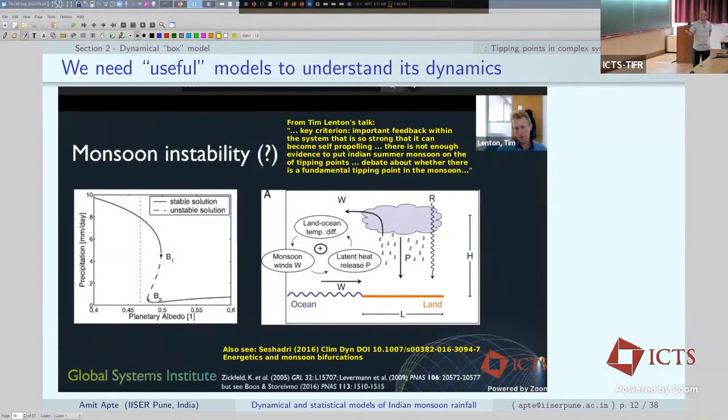In particular, around the same time, Boos and collaborators had a paper, and there was a paper by Ashwin Seshadri, who is in COS in IISc, arguing why the arguments given here are incomplete, and if you include the additional feedback mechanisms, then using the appropriate energetic arguments, the tipping point does not appear anymore in an almost identical model to what was used in this paper.